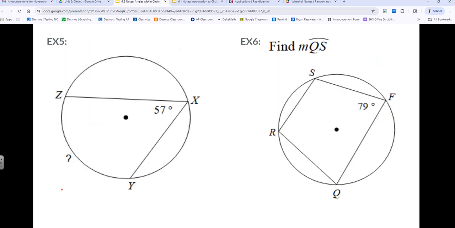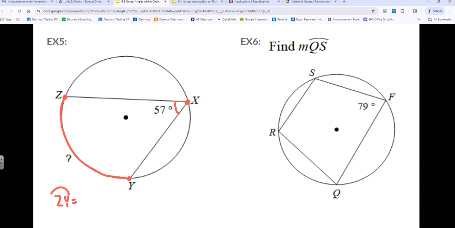All right, so we got some pretty quick examples right here. If I know this angle right here is 57, what would I do to find arc ZY? This is an inscribed angle right here.